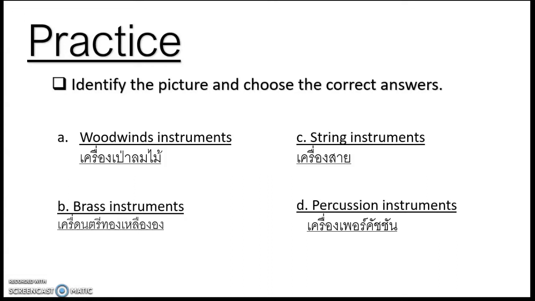Letter B, brass instrument. Letter C, string instrument. Letter D, percussion instrument. So I will show a picture and then you decide or choose the answer.